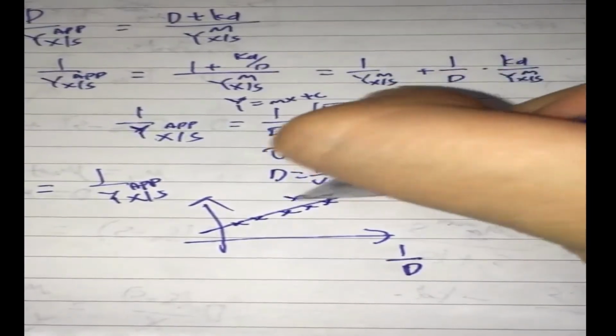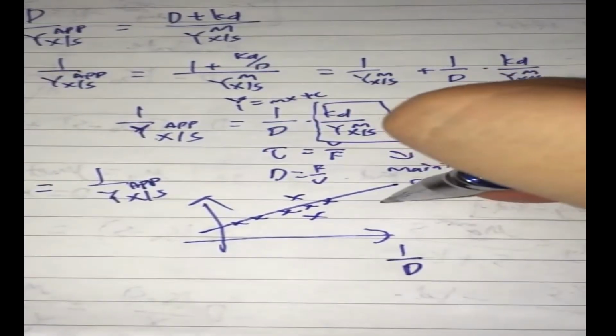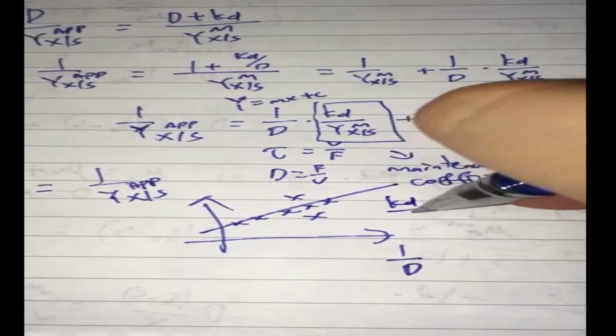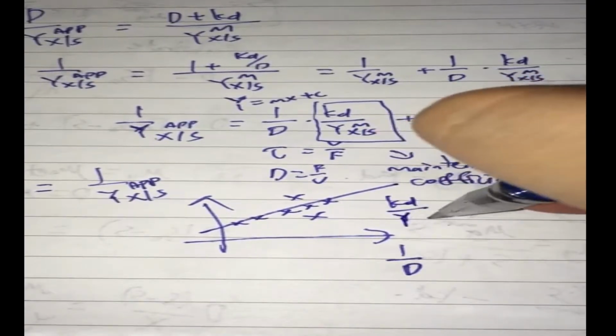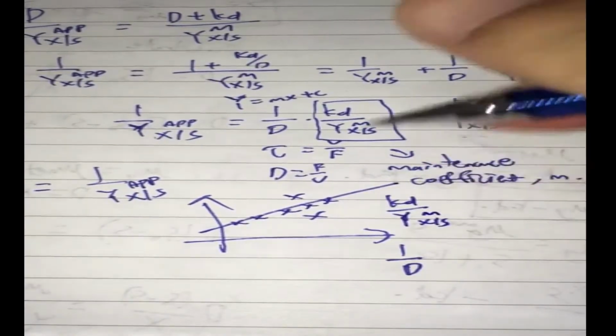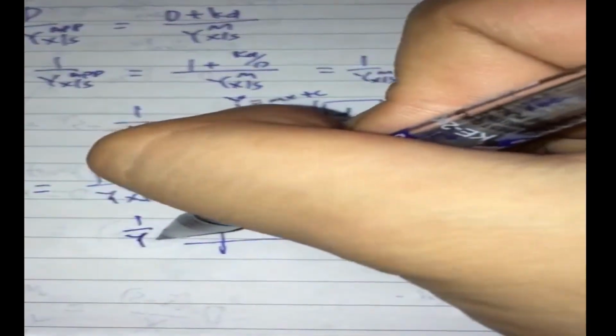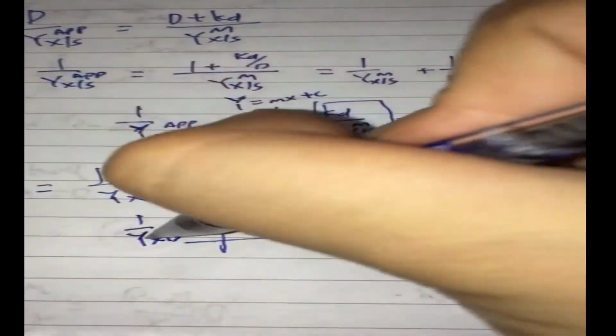And of course there'll be some error points, and then you get the slope, which is KD over Yx by S maximum, and the intercept, which is 1 over Yx by S maximum.